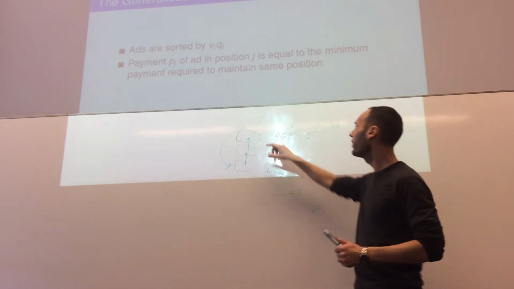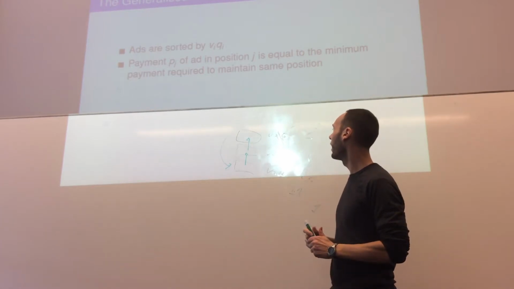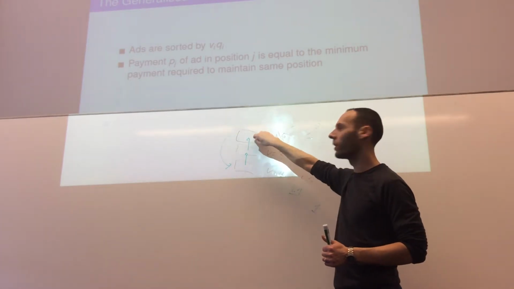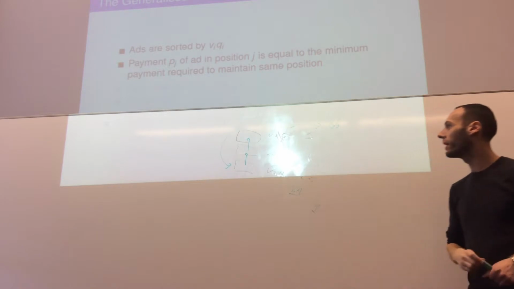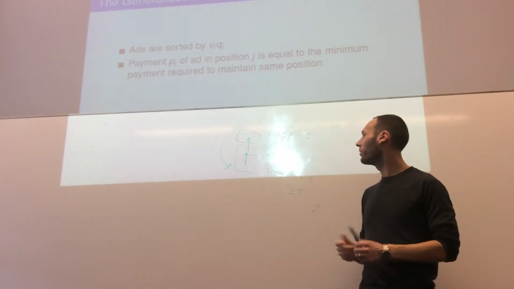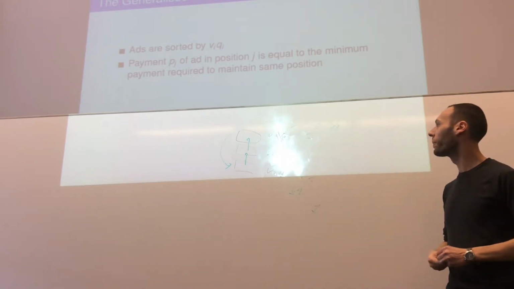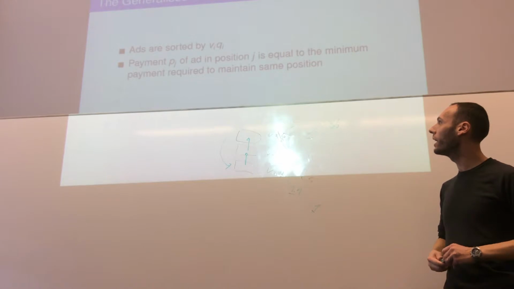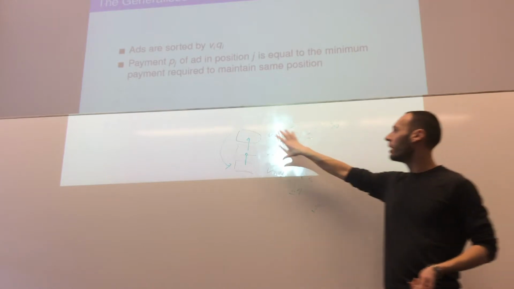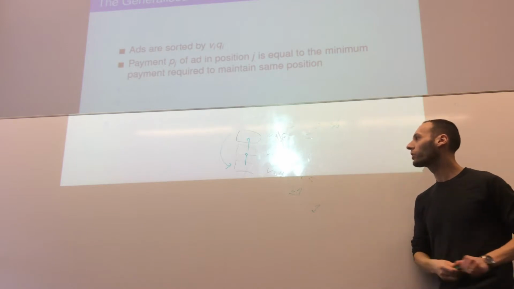So if there's a large difference in the value of these different slots, then it does make sense to be truthful because you do want to have that top position. But if these slots are pretty much the same, then the next price auction is not incentive compatible anymore. Okay, but in a sense, because maybe of what you're saying, you don't exactly know what's going to be the price.